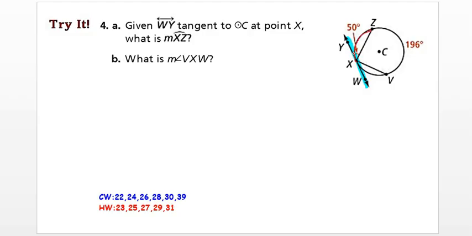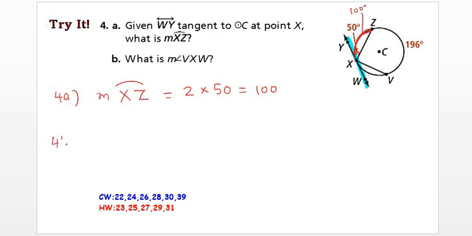What is the angle on the same side? It's 50 degrees. So the arc XZ will be 2 times this angle, 2 times 50, that will make it 100. So this red arc is 100 degrees, right?